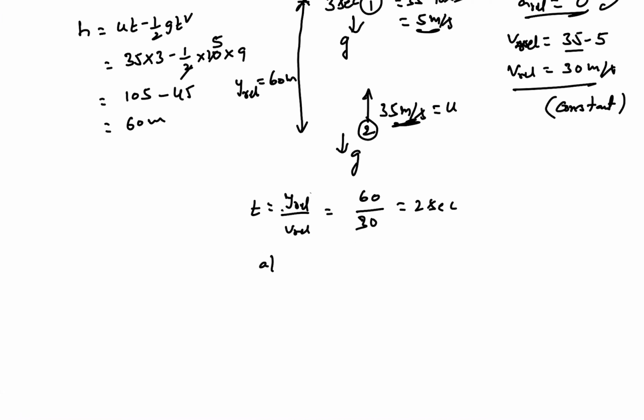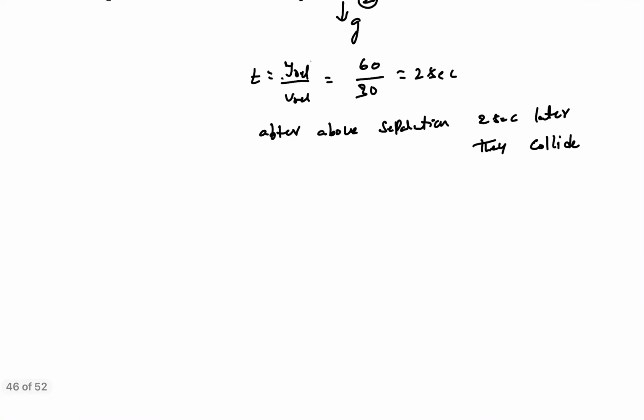After the above separation, 2 seconds later they collide. What is the meaning of they collide? Now you can see whatever the ball 2 is there now, it will reach a certain height.